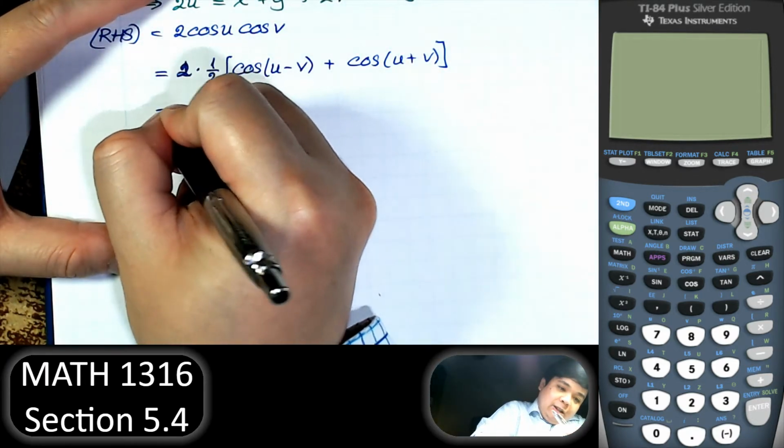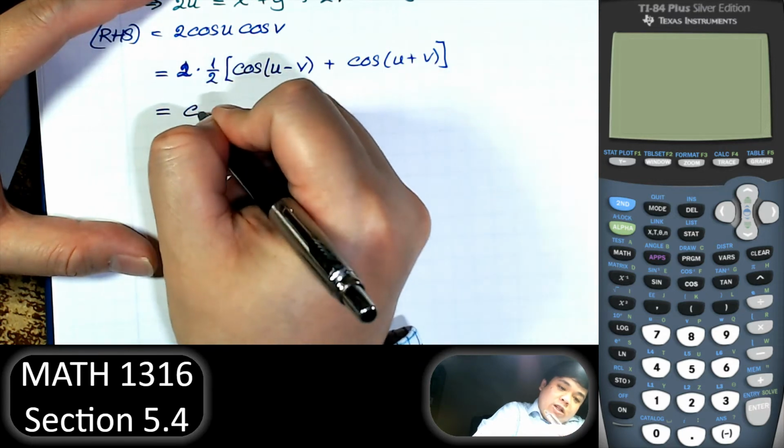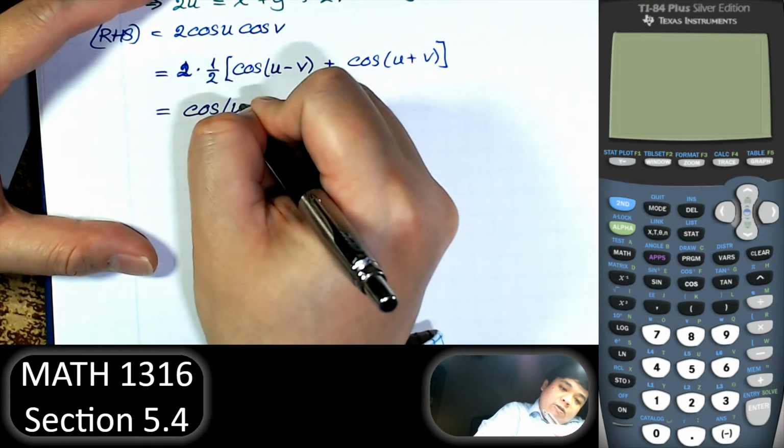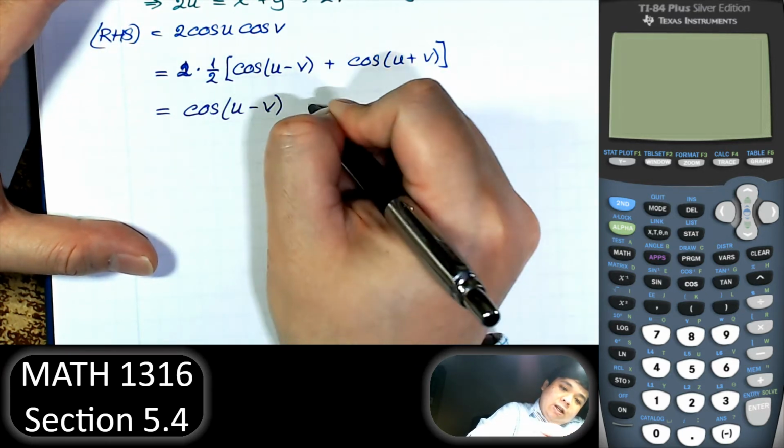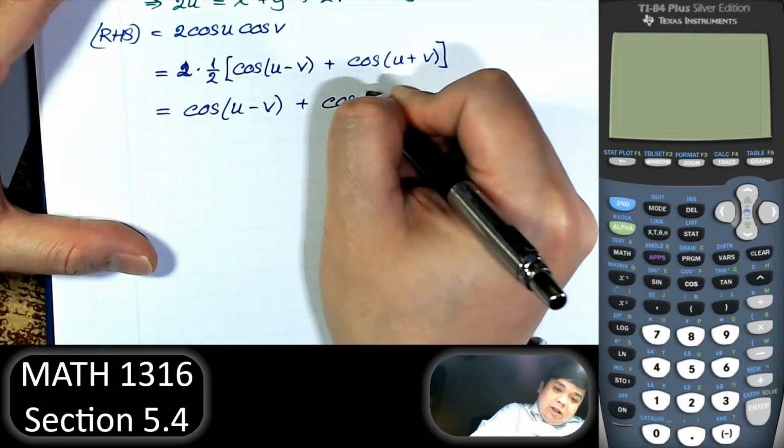So now 2 and 1/2 cancel out. We just have cosine of u minus v plus cosine of u plus v.